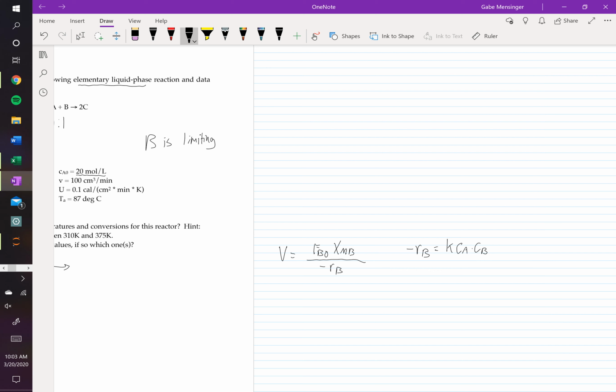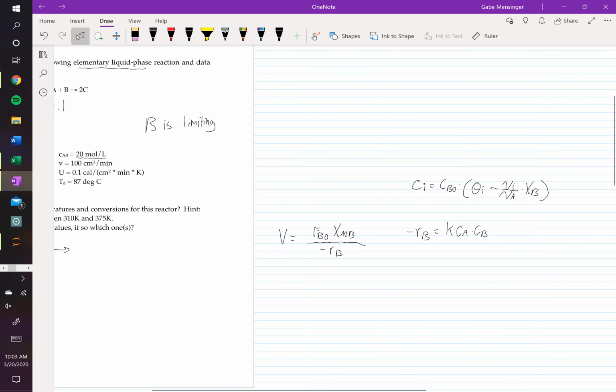And remember that for a liquid phase reaction, Ci is equal to Cb naught times theta i plus nu i over nu A times xb, where I'm just using B in this case to represent our limiting reactant.